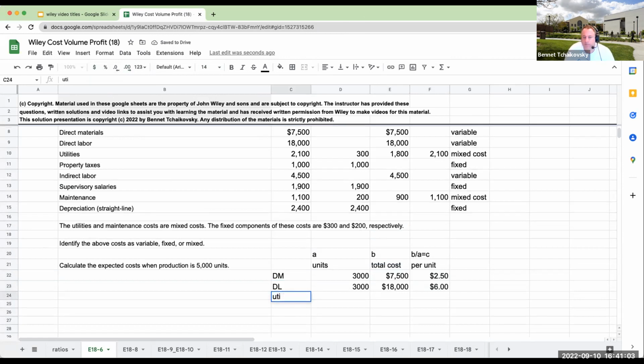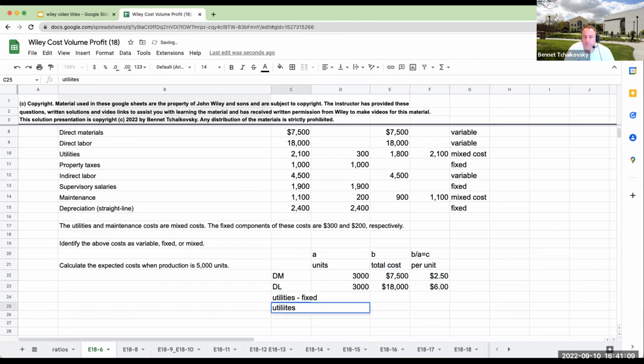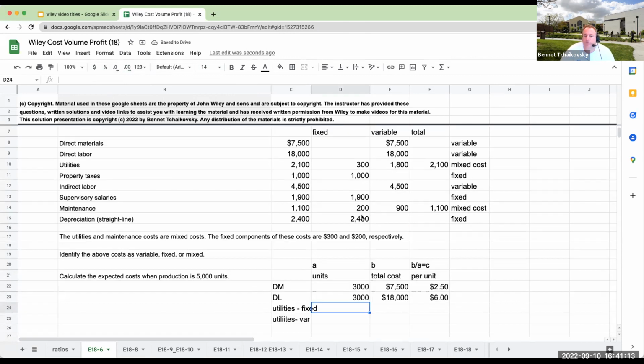Utilities. So my utilities fixed are going to be at 300, right? So this is not going to change with whatever happens. However, my variable portion of my utilities are 1,800.